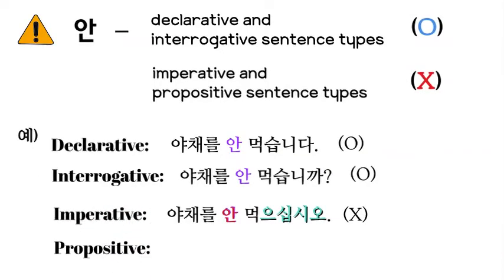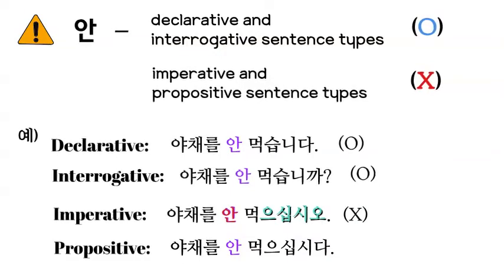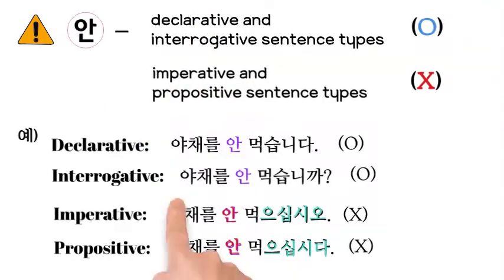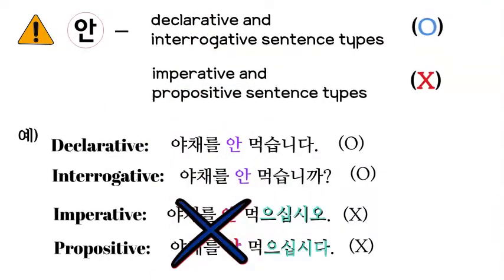Propositive, 야채를 안 먹으십시다. The propositive sentence type is made by adding the ending 으십시다. Just like in the imperative sentence type described, due to the use of 안, the sentence is not correct. Consequently, the short form negation 안 is not used for imperative and propositive sentence types.